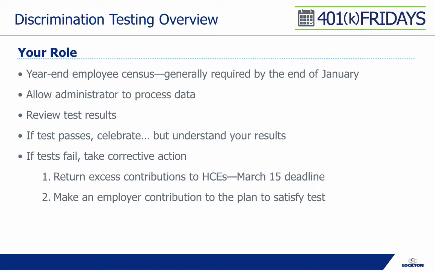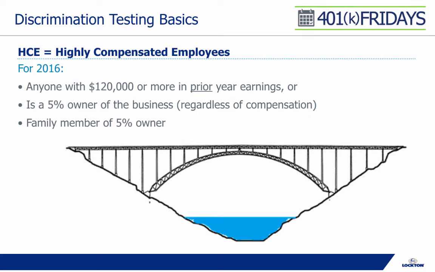If your tests fail, you'll need to take corrective action, and that's usually one of two things. One, you'll need to return excess contributions to your highly compensated employees. There's a March 15 deadline to accomplish that. Or number two, make an employer contribution to the plan to satisfy the test. This is generally going to be in the form of a QNEC, or qualified non-elective contribution.